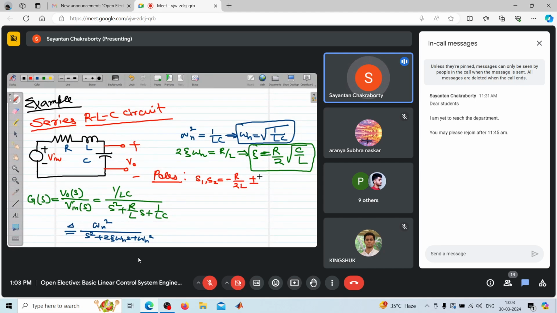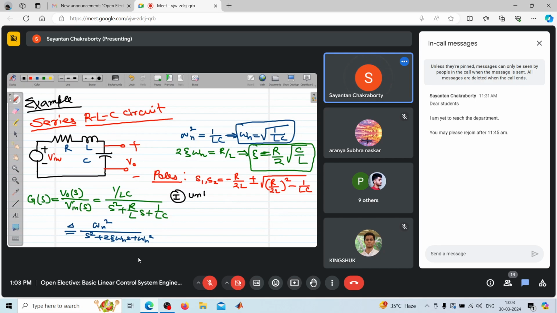That you should calculate, all these things. Right? Now let us check for different conditions.